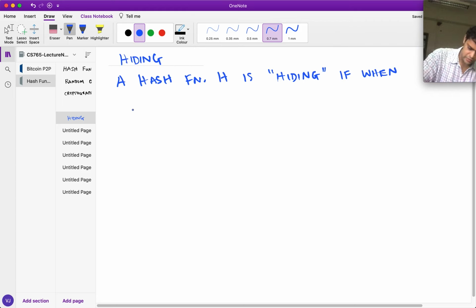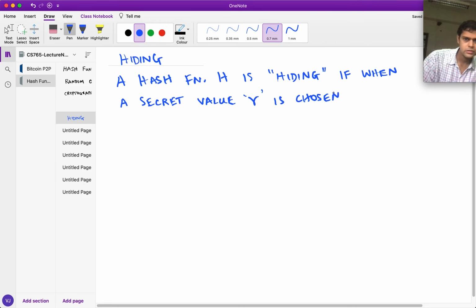when a secret value R is chosen, so this R is chosen, let's say, from a probability distribution which has high minimum entropy.